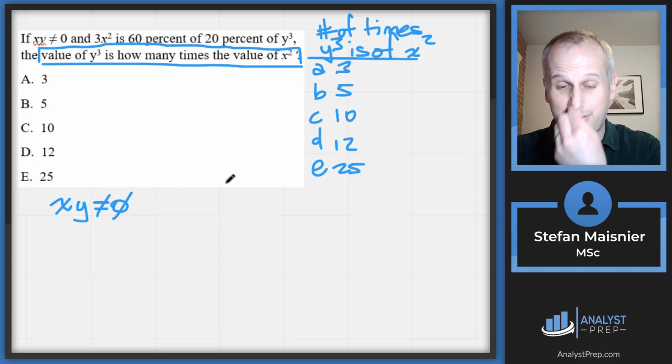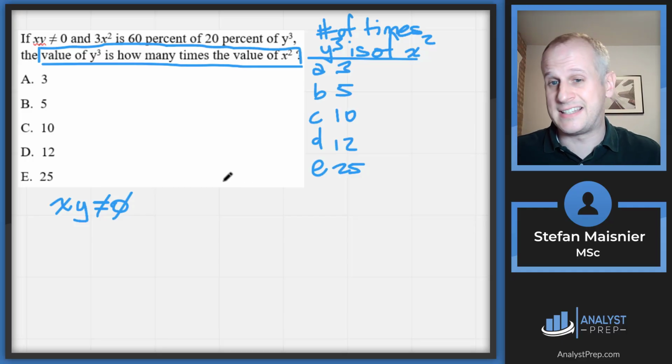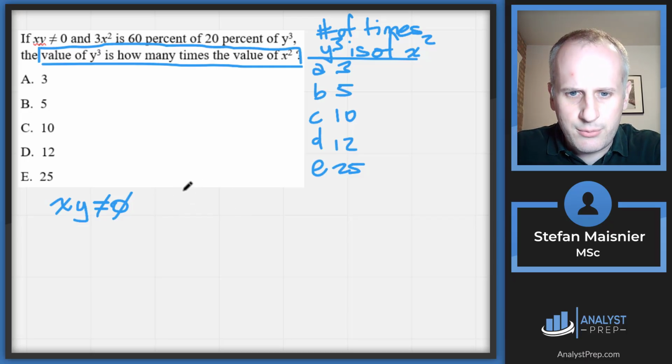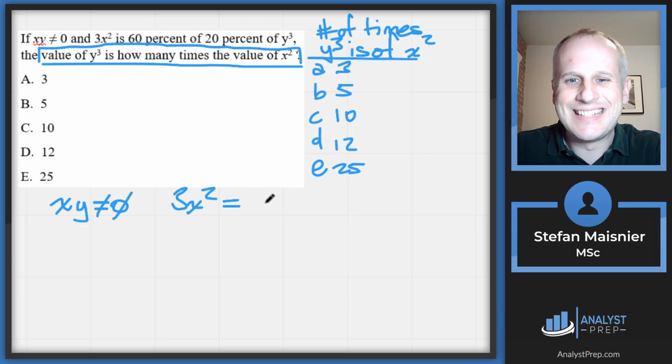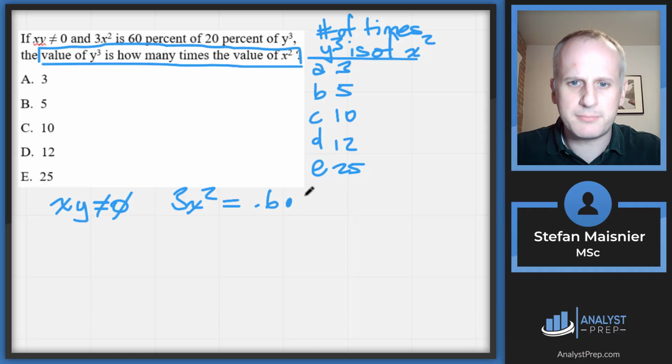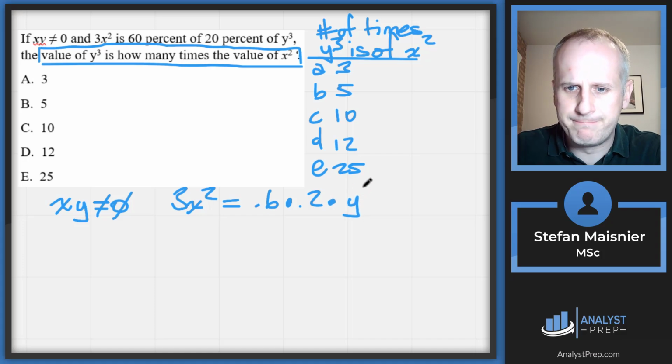So that means neither of them are 0, which dictates that they can't just be 0, which would negate everything. And we then see that 3x squared equals 60%. So that's going to be 0.6 of, so that means multiplication, 20%, so 0.2 of times y cubed.